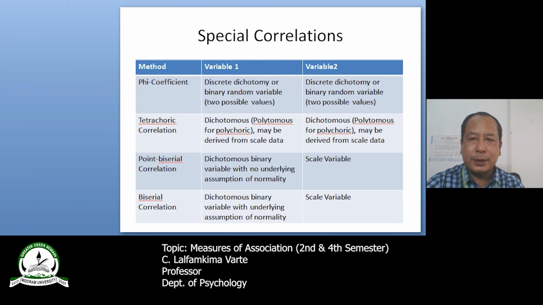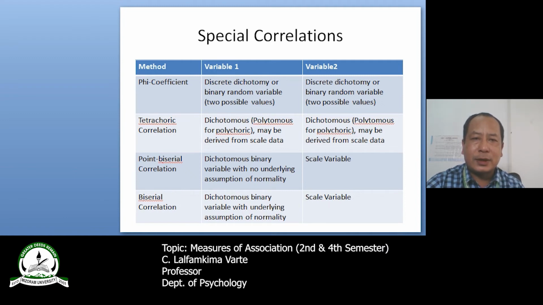That is always attempted, and therefore each of these four methods is referred to as a special correlation because they will enable analysis of the relationship between not only two variables but more than two variables. They are serving as the foundation for multivariate analysis as well.